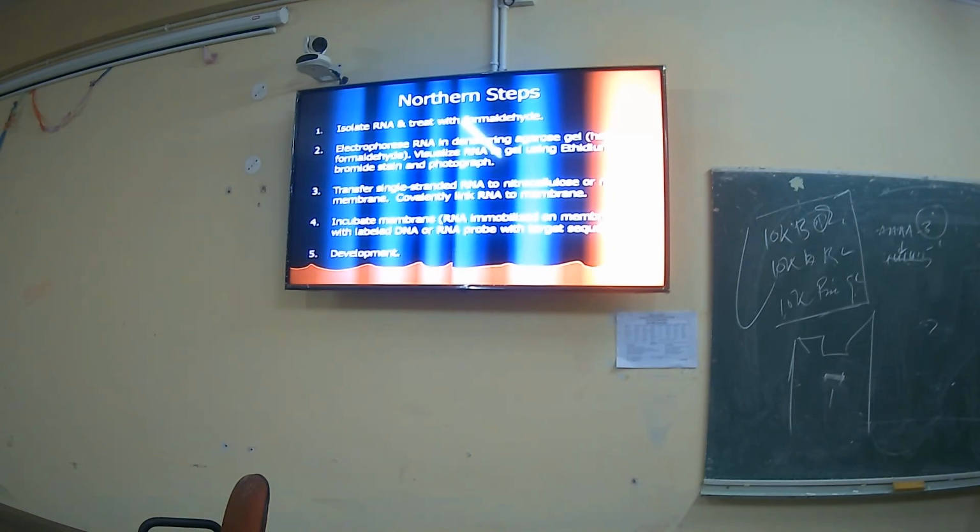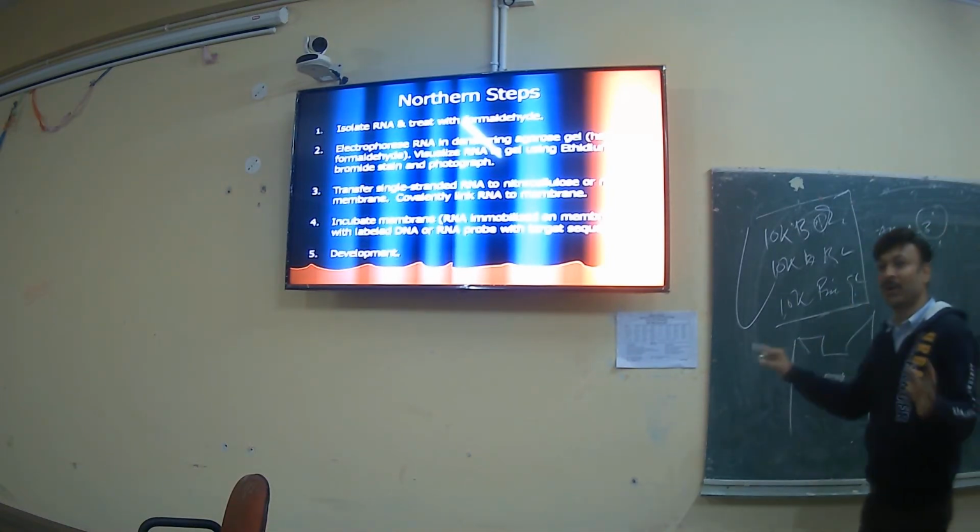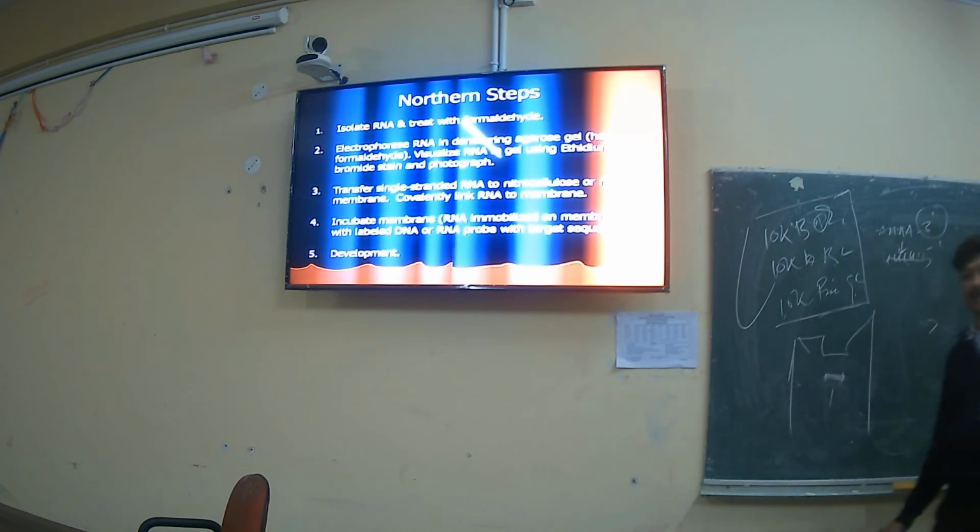It will also move according to size and shape. Justify your answer. All of you know about all the techniques. Take some time and think about that. How many bands will appear? Only one band, or two bands, or three bands?